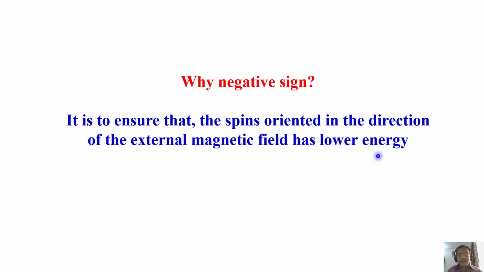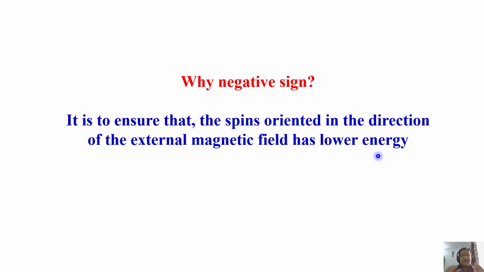We'll continue from this. In this class we have understood what a magnetic moment is and how it interacts with the external magnetic field, where the degeneracy is removed because of the interaction of these tiny magnets, the nuclear spins, which I also call magnetic moments. With a big magnetic field, degeneracy gets removed. Some orient in the direction of the field, some in the direction opposite to the field.